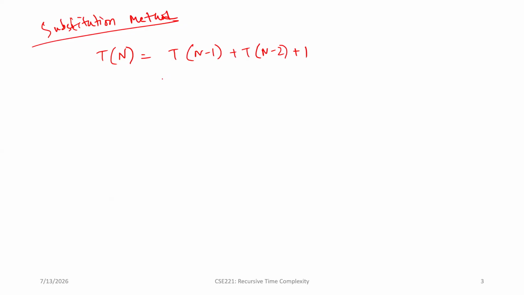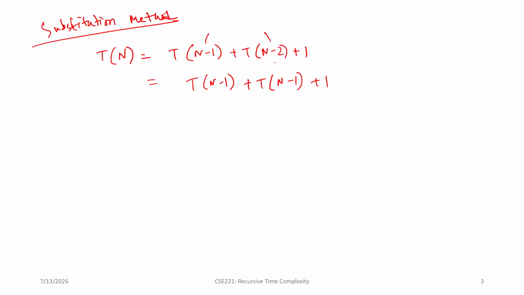first, I will do an approximation of this function. There are two recursive terms here. I will assume that both of them are very close to each other. The value of both is very close because it's just a matter of one extra function call. So assuming that, I will write that the function needs to find T of n minus 1 twice.